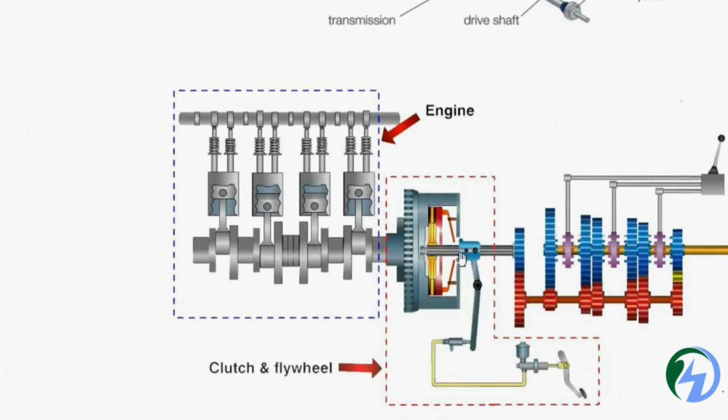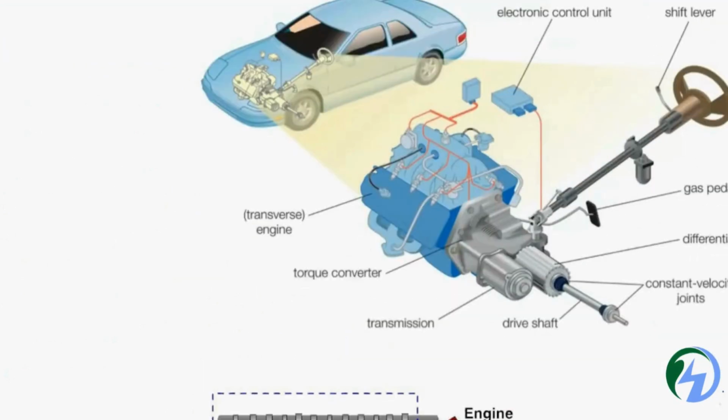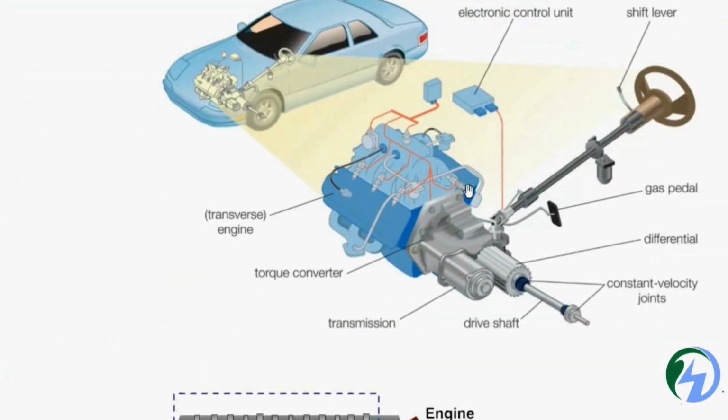The clutch is the one which engages and disengages the engine from the wheels, and the gear is the one which differentiates the speed. The engine supplies power to the wheels. In the transmission you have pedals, similar to the brake and acceleration pedals, and the steering is used to operate the direction.